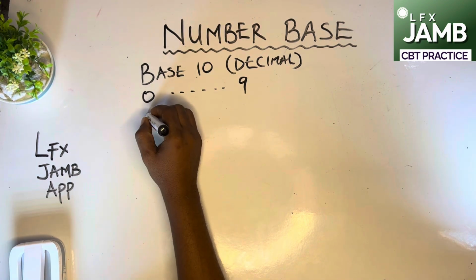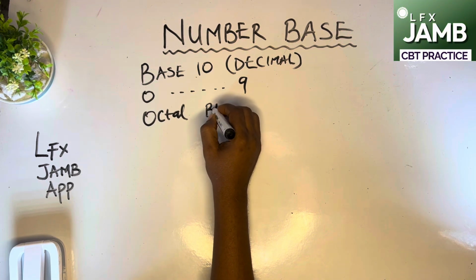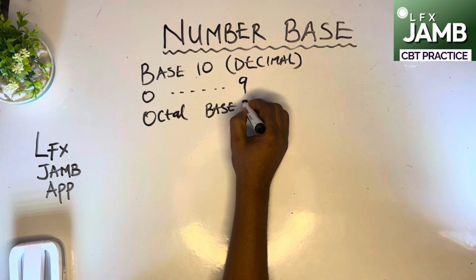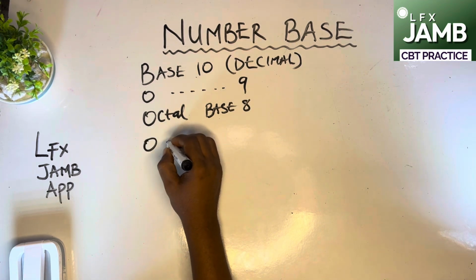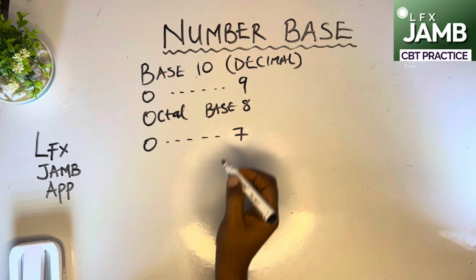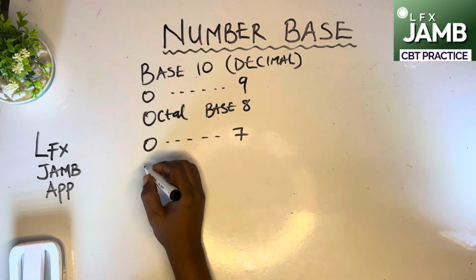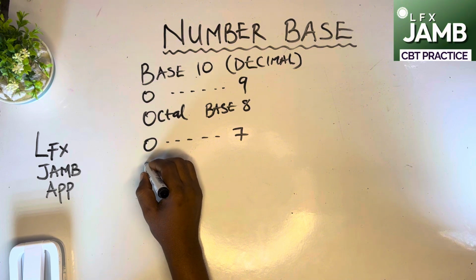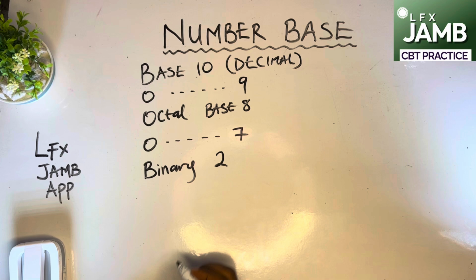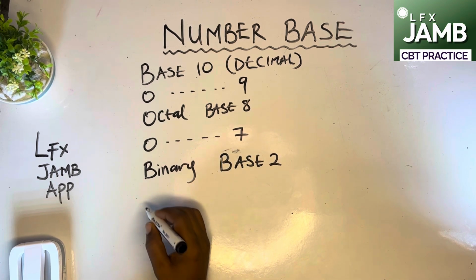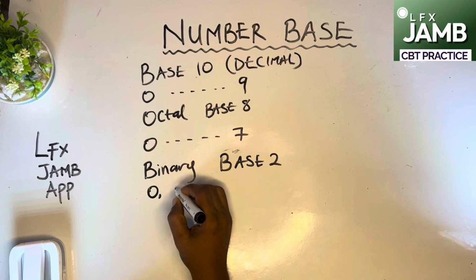The octal numbers, which is the base 8 numbers, range from 0 to 7, which is 0, 1, 2, 3, 4, 5, 6, 7. We have the binary numbers, which is the base 2 numbers. Binary numbers just have 2 digits, 0 and 1.